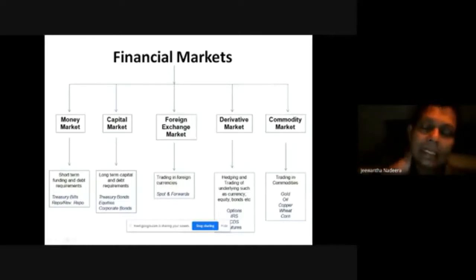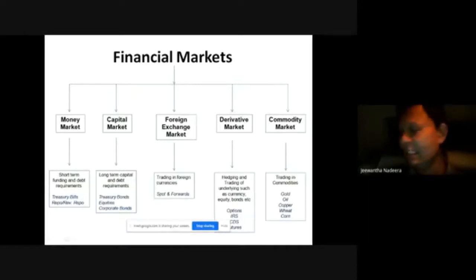This is the third rating agency to downgrade Sri Lanka this year. First Moody's, second Fitch, and third is S&P. So now we are in the high risk credit category, right?